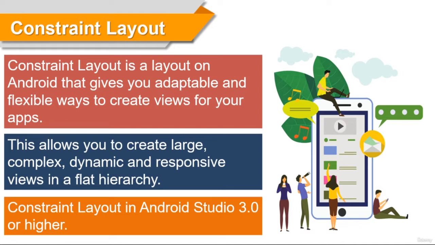Now, the constraint layout is a main layout in Android Studio 3.0 and higher. So just make sure that you are aware of what version you're running. And that's why we do the versioning in the beginning. All right. So let's go ahead and go to Android Studio and have a look at how constraint layout works in practice.